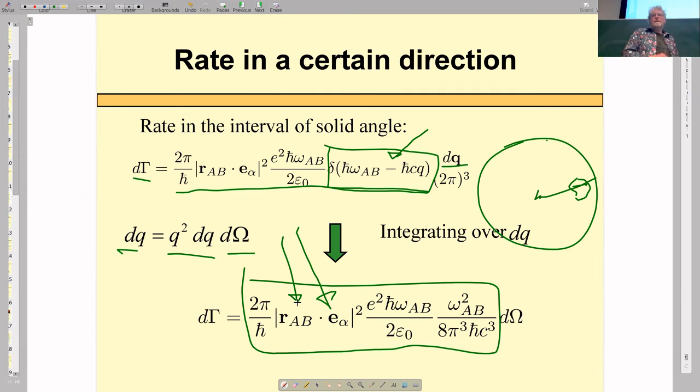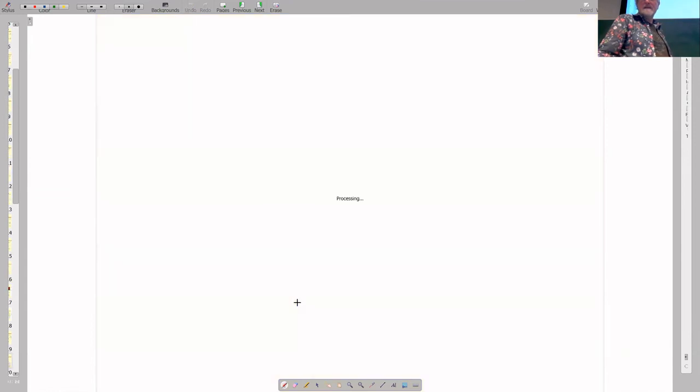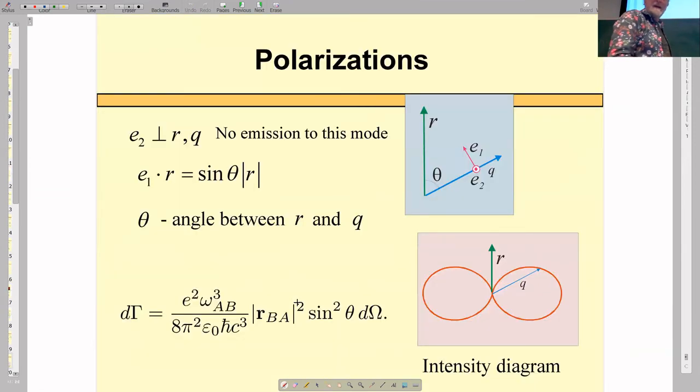Fine. You still need this matrix element, and you still need to integrate over angles. Let's integrate over angles first, because it's valid for any matrix element we can find. Right, so let me figure out.